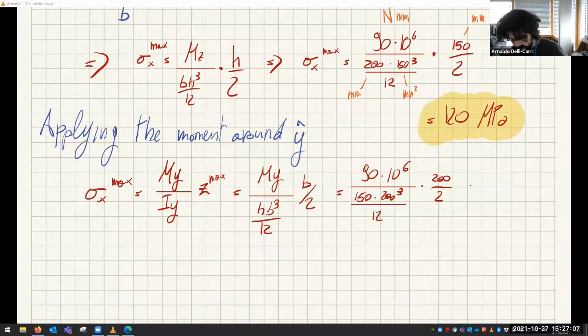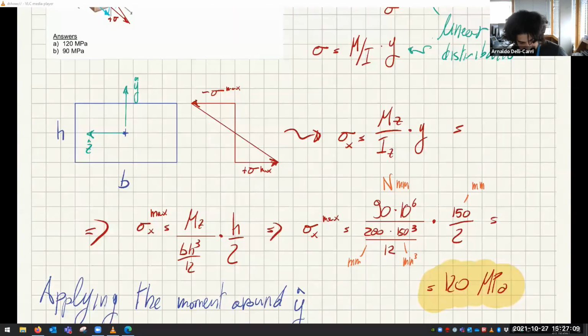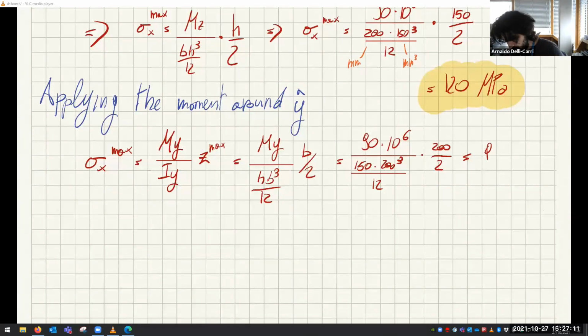And this is 90 megapascal, I believe. Yes, 90 megapascal. We are still using the same units, so this is Newton millimeters, this is millimeters to the power of 4, this is millimeters. So we get megapascal in the end.